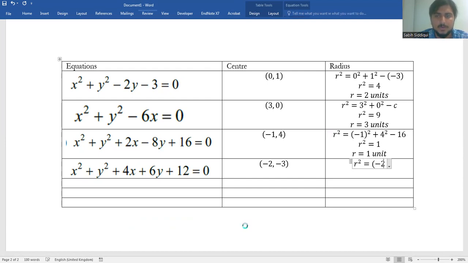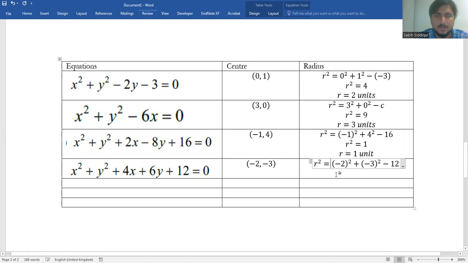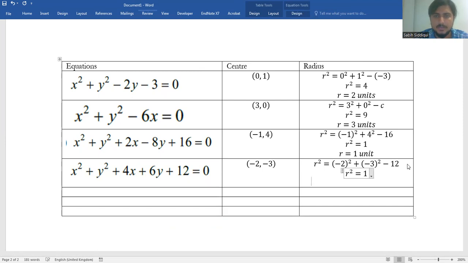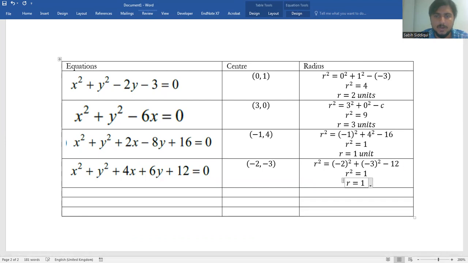Take -2 and square it, take -3 and square it, and you now subtract the constant, which is 12 in this particular case. So r² will be 4 plus 9 is 13, minus 12 is 1. So the radius will be 1 unit.